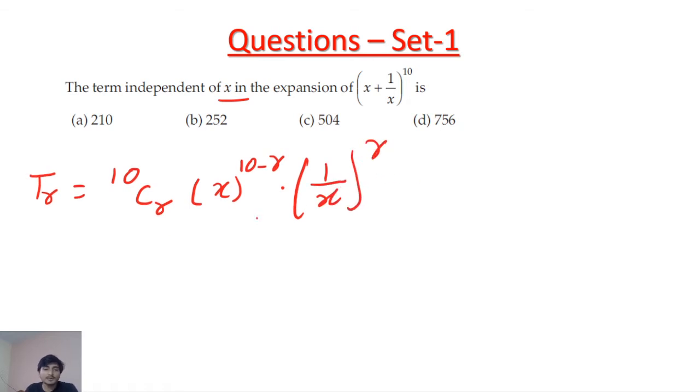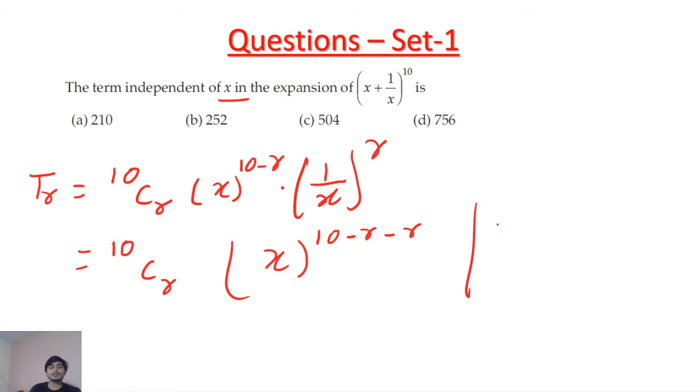So this will be your term, and then if I expand this, this will become 10Cr into x to power, so only two. Yes, I see, it seems so. Yes, so 10 minus r, and then minus r, right?